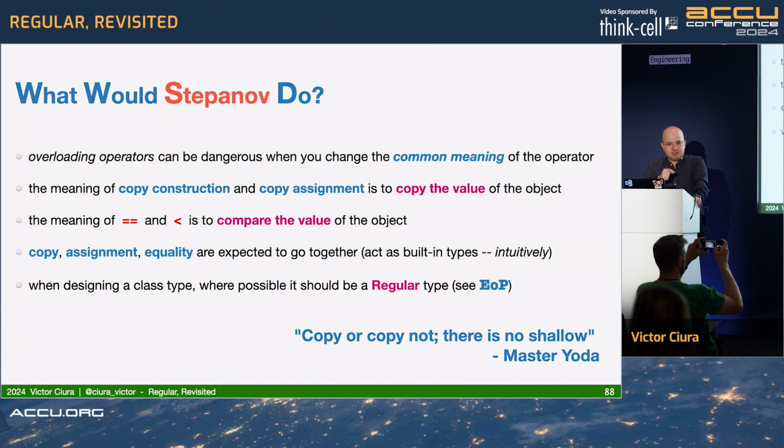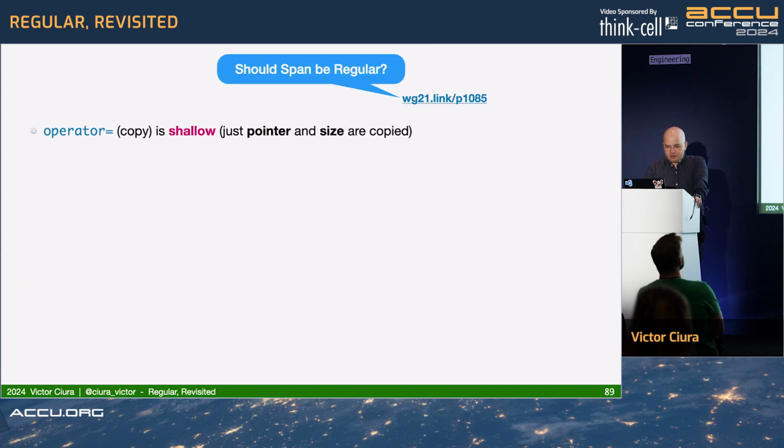So let's see how these pan out for span. And by the way, this analysis actually happened during span standardization. The initial span proposal was different than what we have now. So copy is shallow: just the pointer and the size are copied.